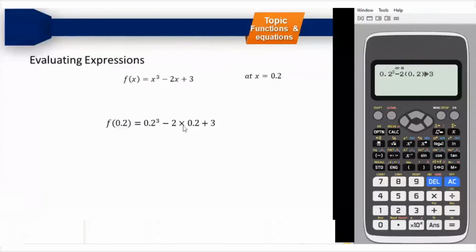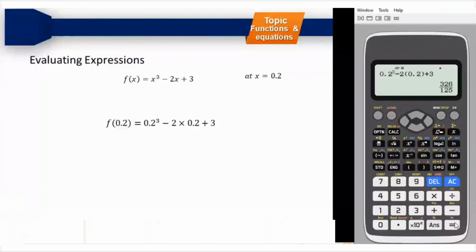This way, the x has been replaced by 0.2, and I will press equals to, and will get the specified answer, which is 326 upon 125.